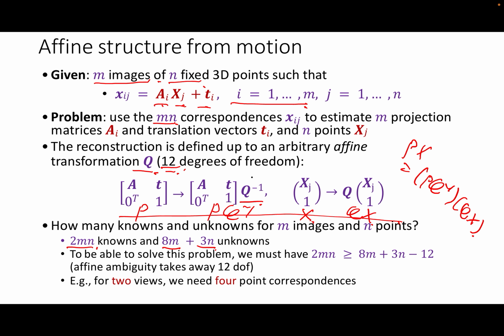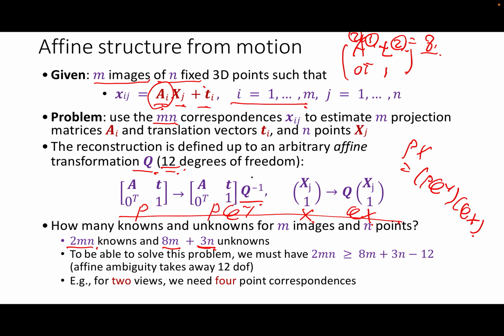Where do they come from? 8m is from the camera, the projection matrix, which is 2 by 3 plus a translation, so we have 8 unknowns in each camera projection matrix.